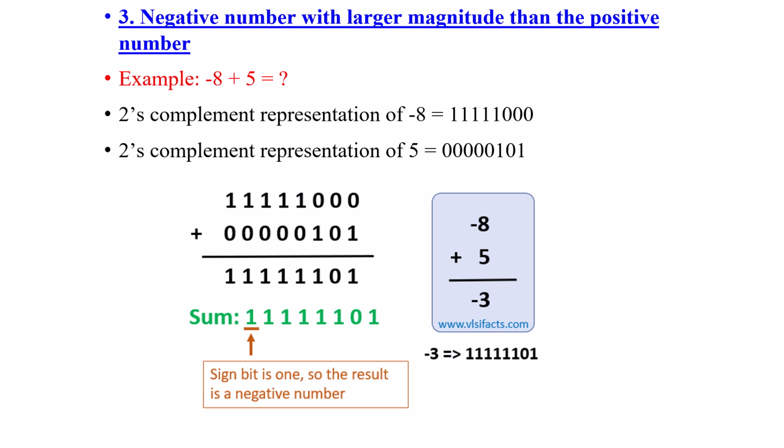But if it is a negative number, we take the positive of that 8, flip the bits and add 1. After doing all this, we get the result as 11111000. So we add the numbers and we get the result. The most significant bit here is 1, which indicates a negative number.